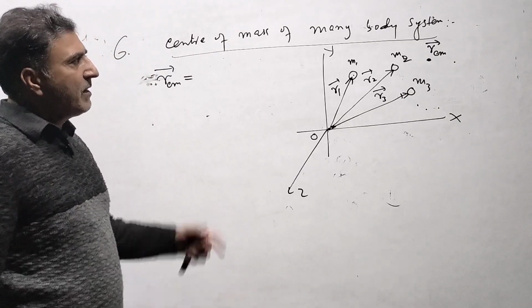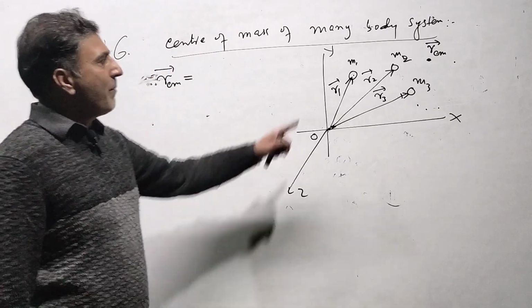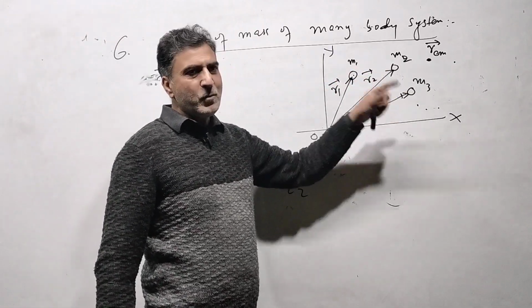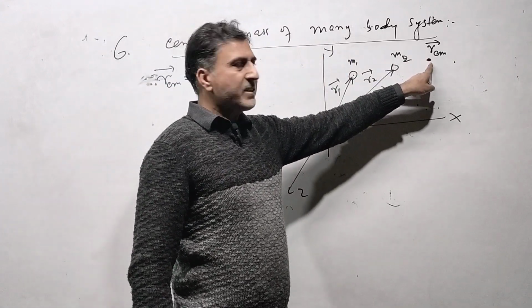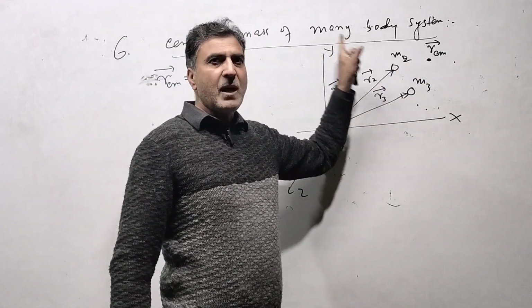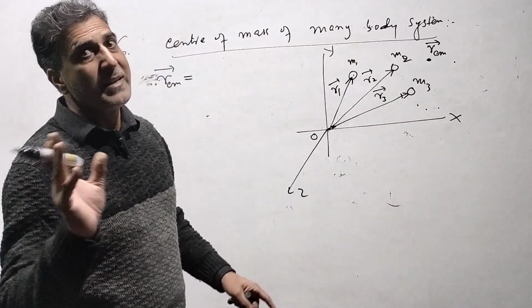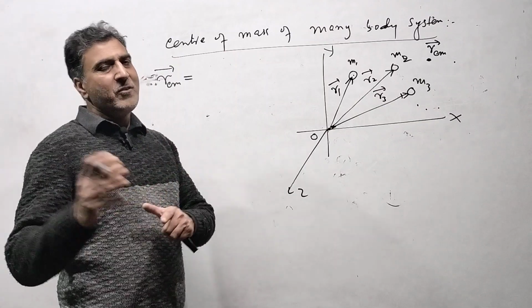What is RCM? What is the center of mass of all these bodies? If you apply force on any body, or 2 bodies, 3 bodies, you find the resultant of all those forces. The acceleration of this point, the center of mass, will be the sum of all those forces divided by the sum of masses. That is the meaning of the center of mass. You apply forces, find the resultant force, divided by total mass.